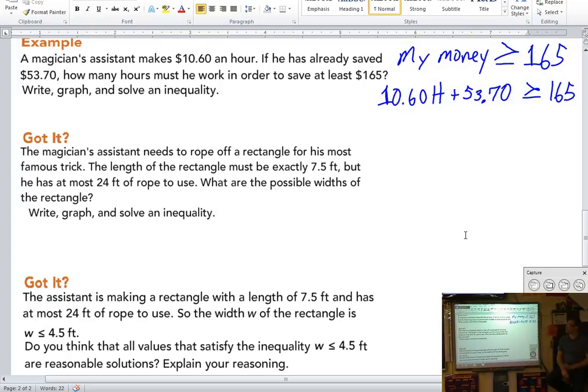Mr. Hoover, what do we want to do first to start solving this? Get rid of the 53.7, by subtracting it from the 165.